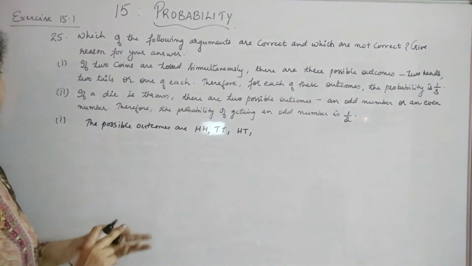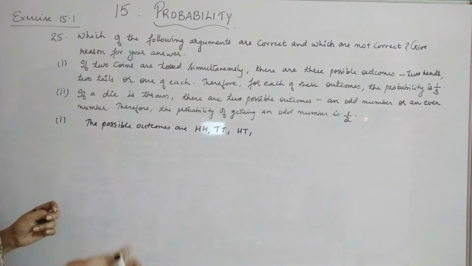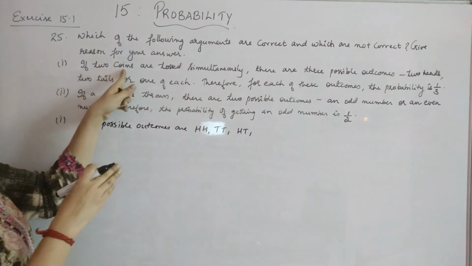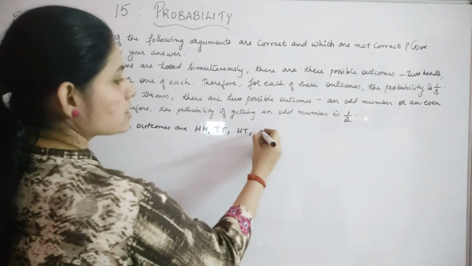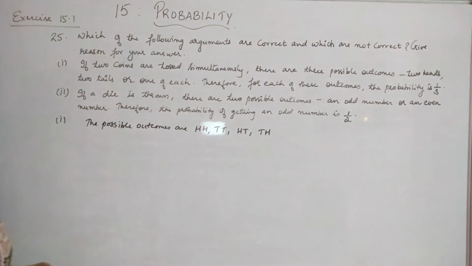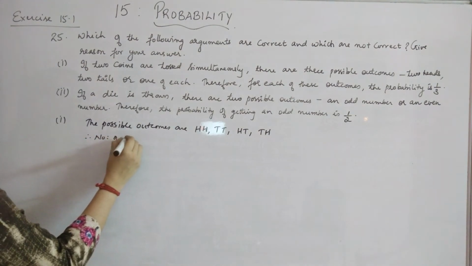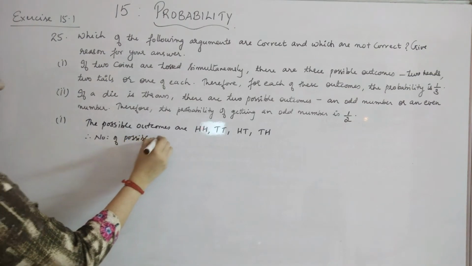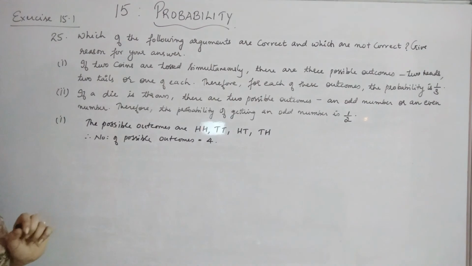That is, in the first toss you get head, then the second one gives you tail; or one coin gives you head and the other gives you tail. The first one gives you tail, the second one gives you head. So these are the possible outcomes. That means you have total number of possible outcomes equal to 4, right?